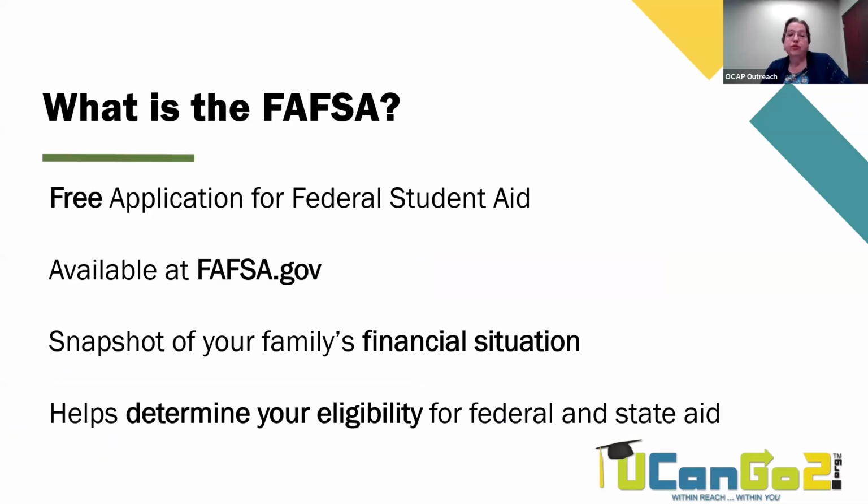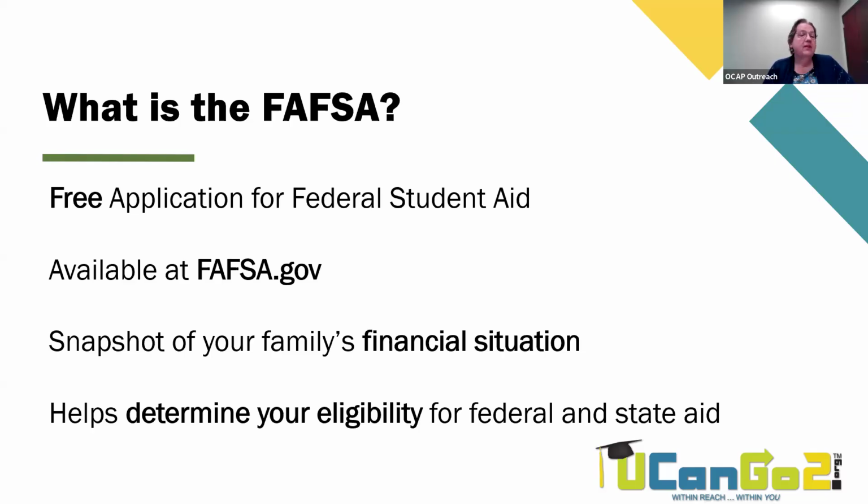FAFSA stands for Free Application for Federal Student Aid. To do the FAFSA, students will go to fafsa.gov. That's the most direct approach, but I'm going to show you another website in a second called studentaid.gov, where they'll need to go first to open their new accounts in order to do their FAFSA online. The FAFSA is just a snapshot of that family's financial situation.